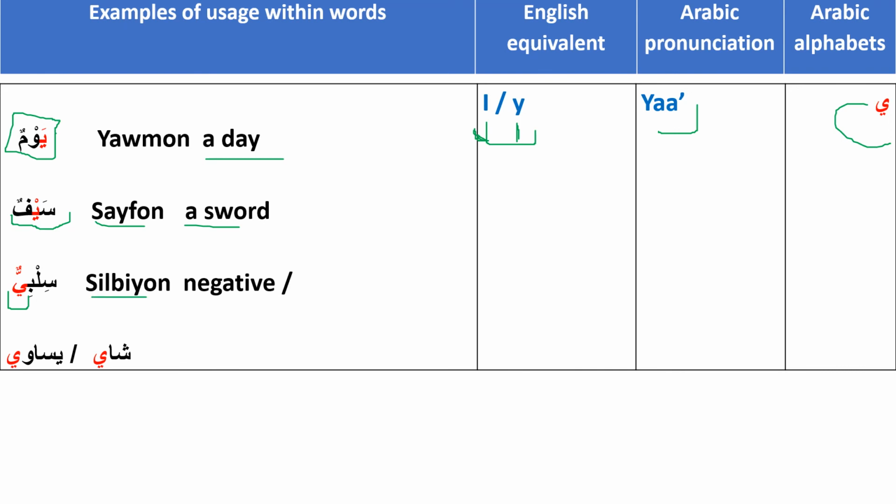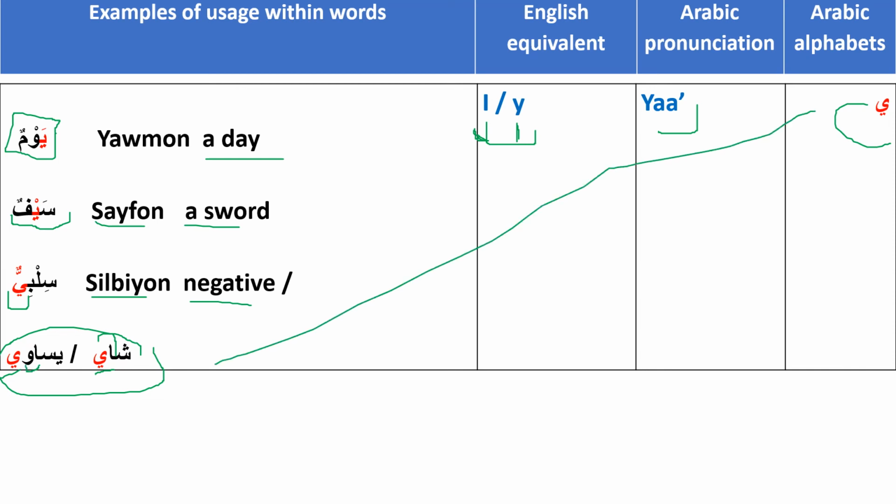Silbiyun, which means negative. The exceptional cases are always there when ya comes after alif like this, or after waw like this. It is written just as it is in the original look in the alphabetical set.